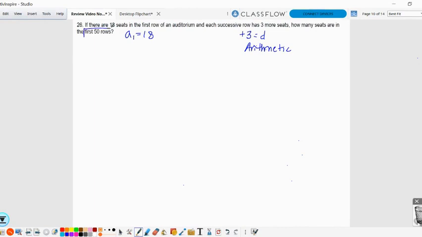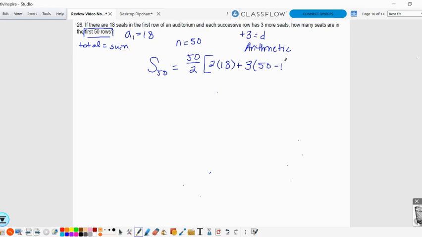So we're looking for a total, which means we're looking for a sum or a series. And that gives us n of 50. So with the information we have, if we don't want to do any additional work, we'll use the longer of the 2 arithmetic series formulas to find the sum of the first 50, which is n over 2 times 2 times our first term plus our common difference times 50 minus 1.